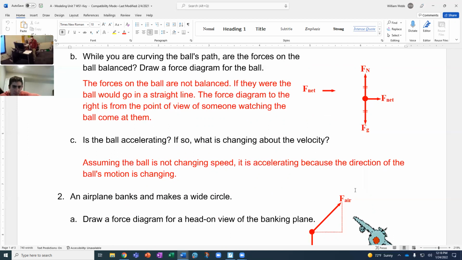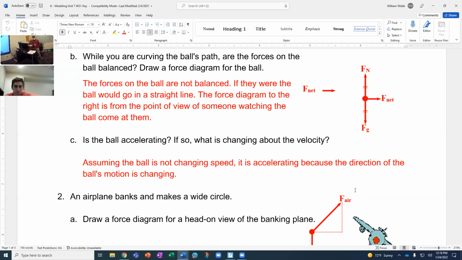But there has to be some other force directing it to the center of the circle. So remember, a free body diagram shows you what the forces look like at a single point in time. They're not showing you over time passing. So if I were looking at that bowling ball at a single point in time, the downward weight force and the upward normal force cancel.